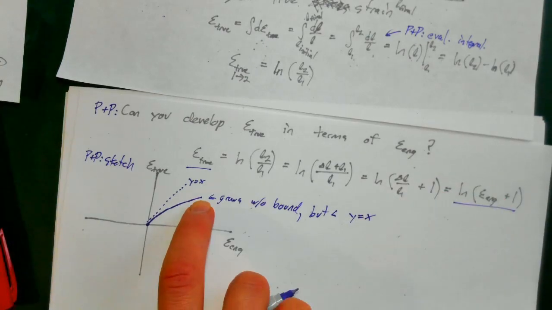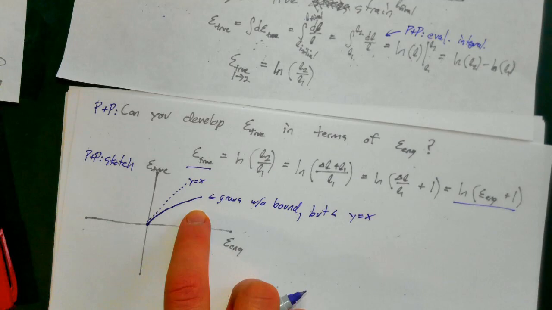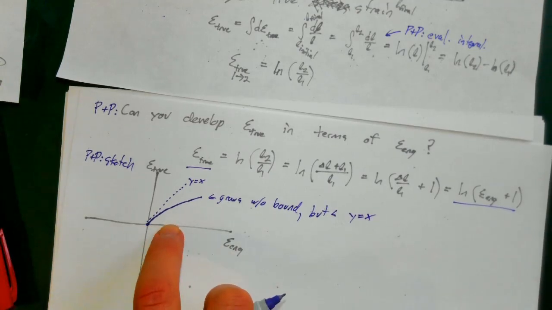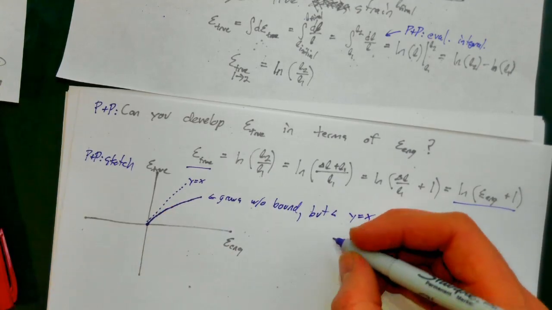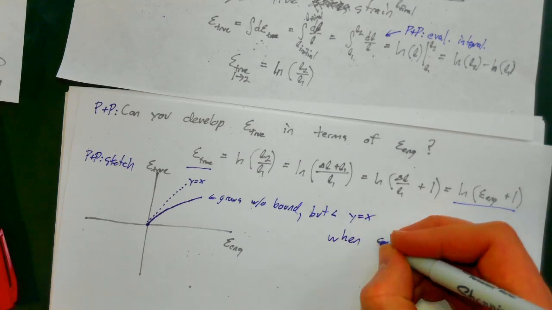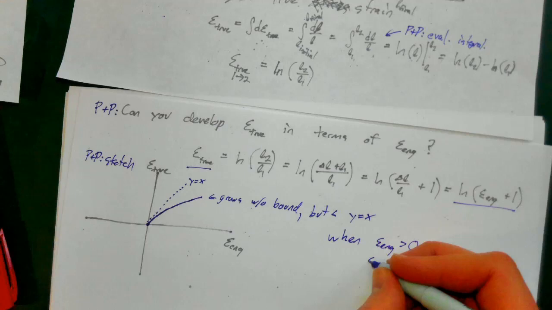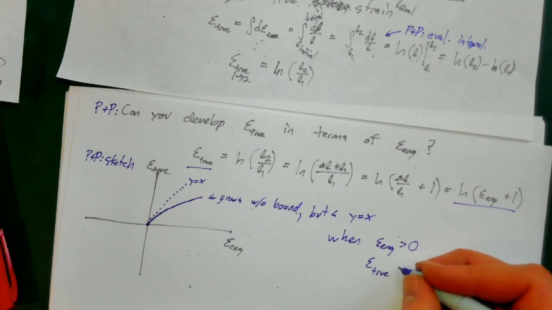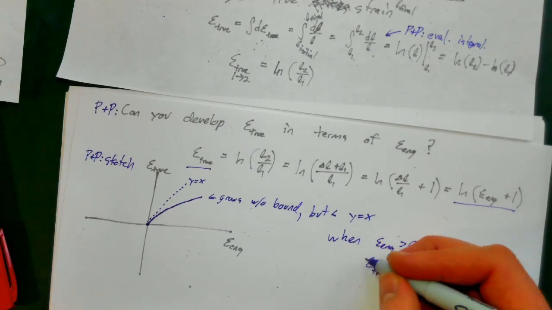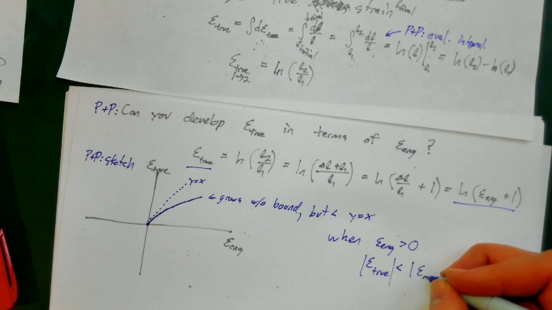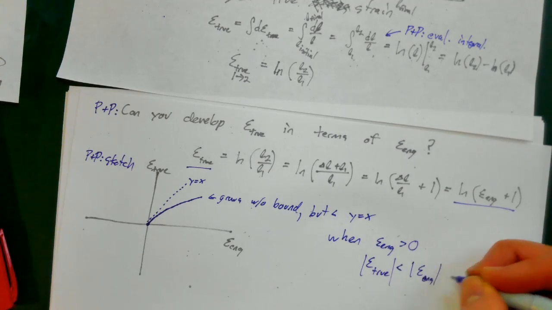So what does this mean? When engineering strain is greater than 0, the magnitude of true strain is less than the magnitude of engineering strain.